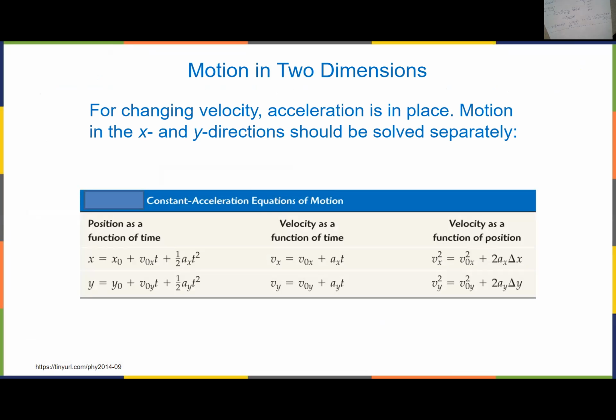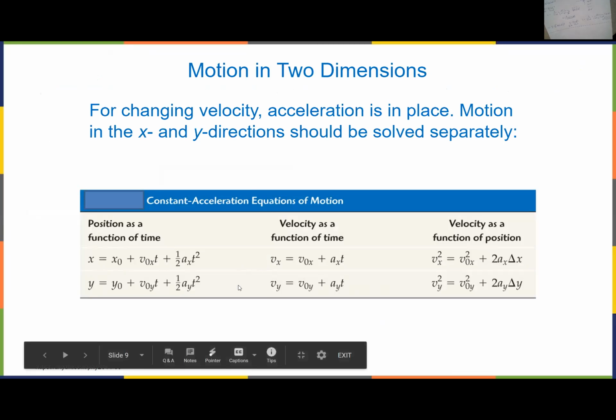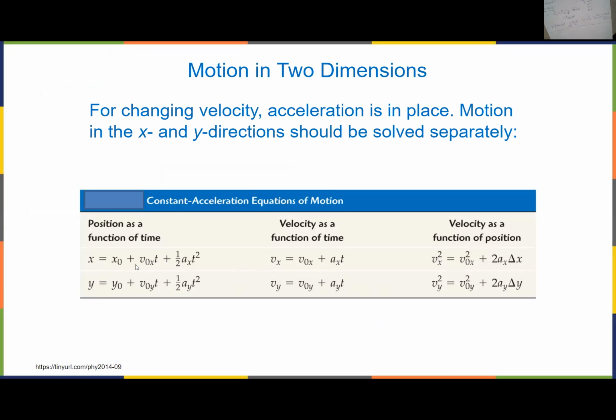We are just looking at three of the equations for each dimension. You look at the equations in the x direction and y direction separately. In the x direction, it's x naught plus v0 x component times t plus 1/2 ax, the x component of acceleration, times t squared.